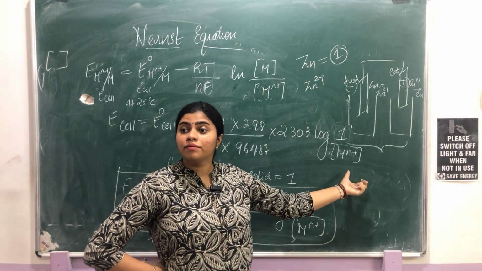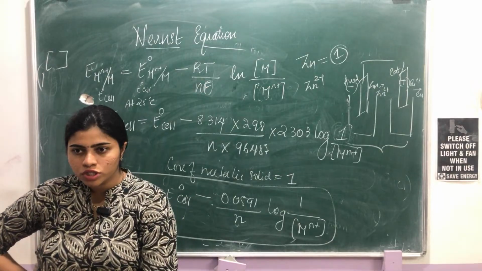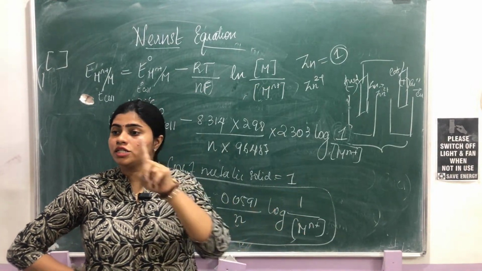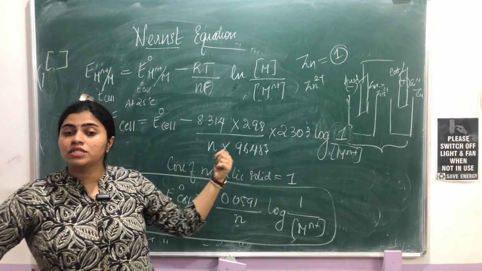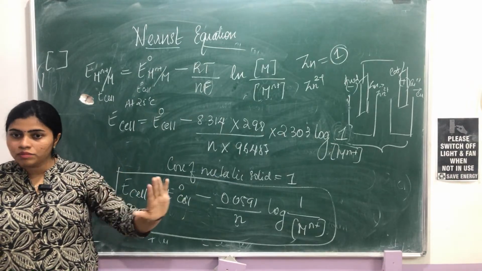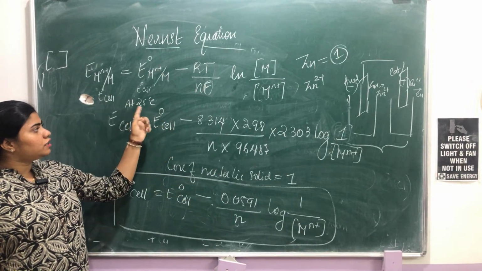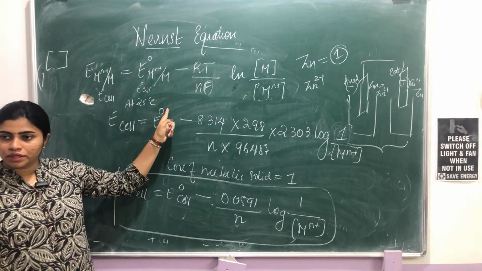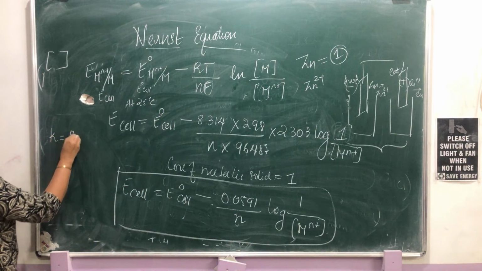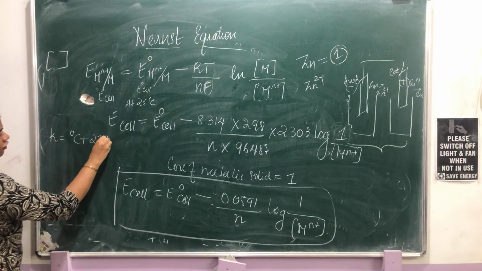This one will have a value. Why? The electrode is dipped into a solution, so the solution will have a concentration. Till now we studied the concentration is 1 molar. But I told this reaction will be taking so that we can use different volume. That much is clear. Then we told that at 25 degrees Celsius, what will happen? At 25 degrees Celsius, those who don't know, to calculate Kelvin, degree Celsius plus 273.